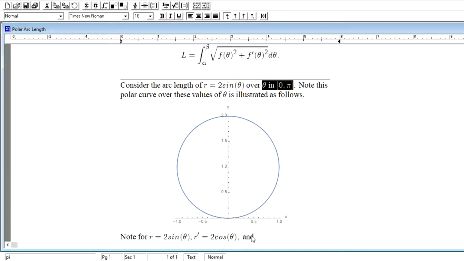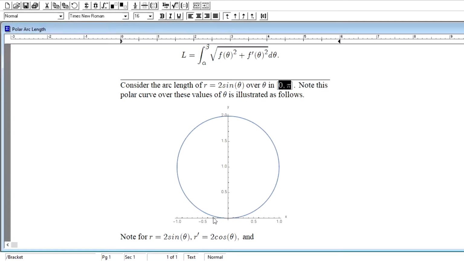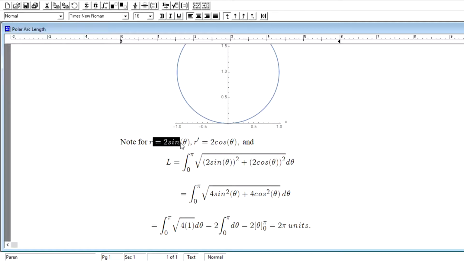It will be given by this circle here over these values of theta in the interval from 0 to pi, where we might note r equals 2 sine theta is our function f of theta. It goes into our formula here. Its first derivative would be 2 cosine theta, which would go into our formula here.